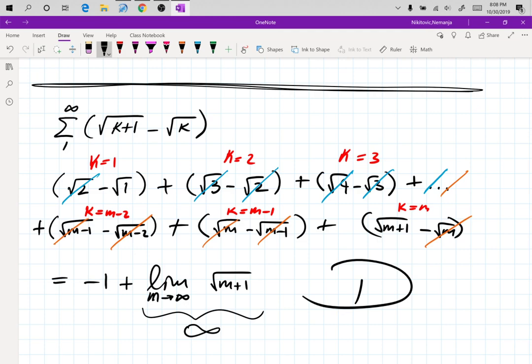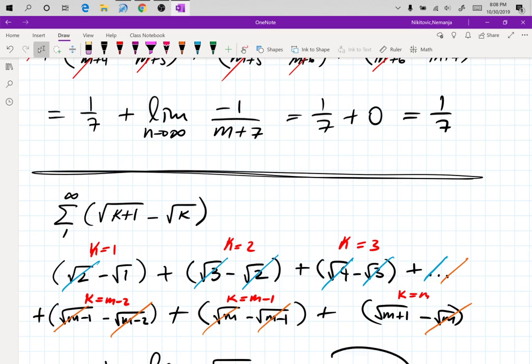We can calculate the sum. We can say series converges to, what do we have earlier? 1/7? Was that what we had? Yeah. So we will say here series converges to 1/7. So you know what it converges to.